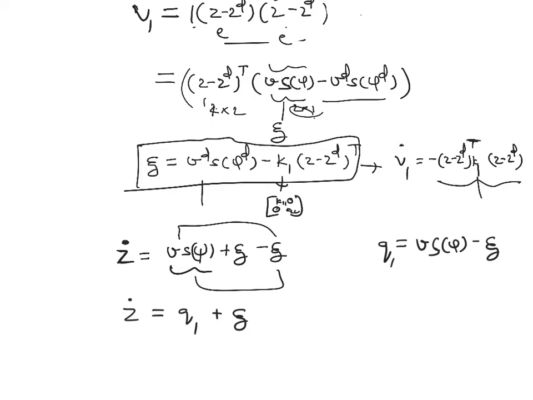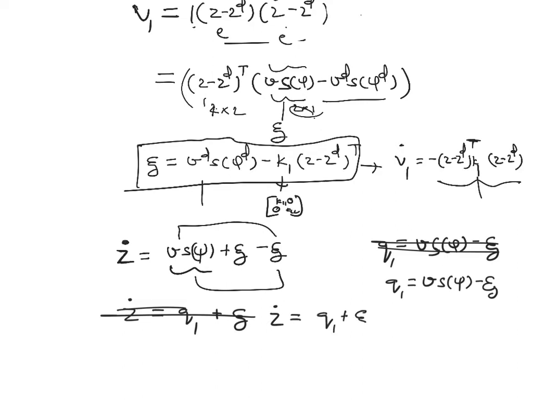Q1 is v s psi minus zeta, and z dot is Q1 plus zeta.